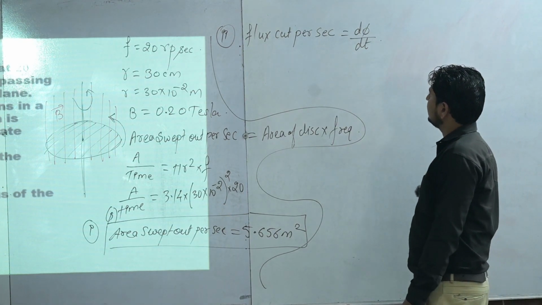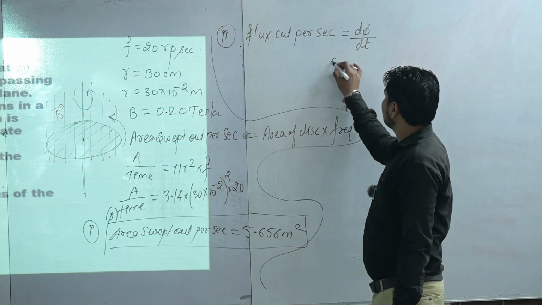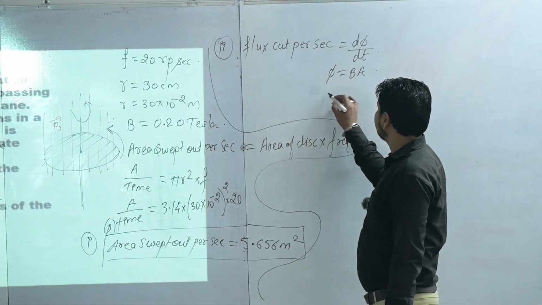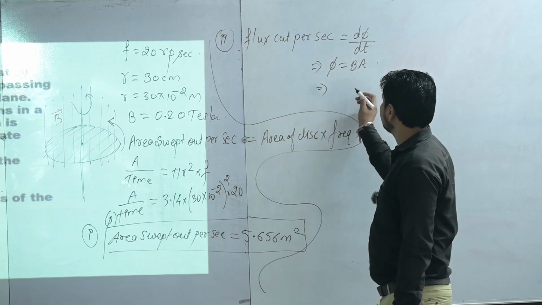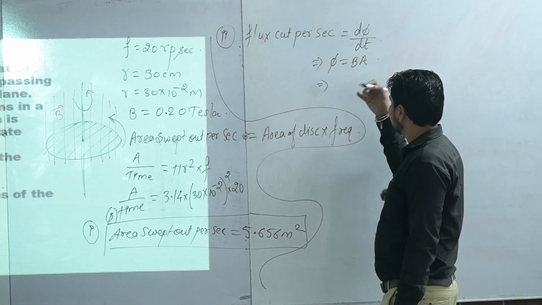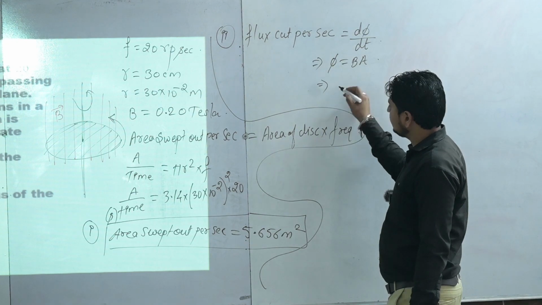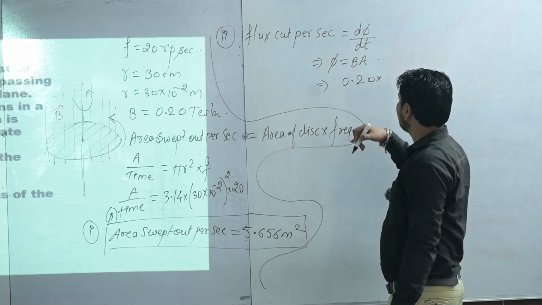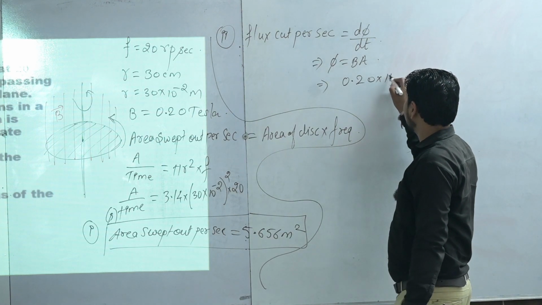Flux cut per second. Again we know that phi is equal to B into A. So again flux cut per second is B into A. So what is your B? 0.20 into A, and A is again pi r square.